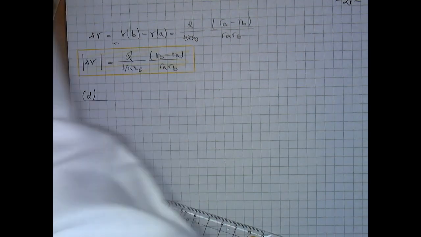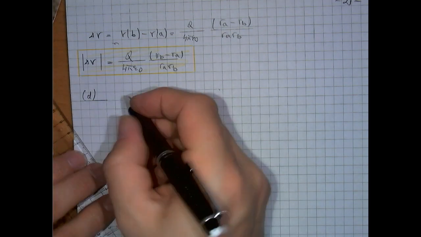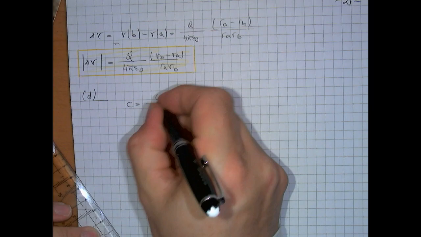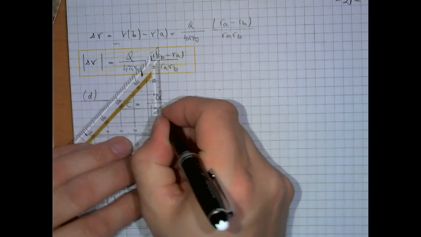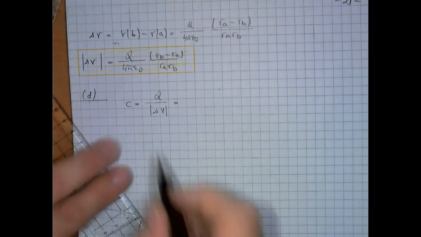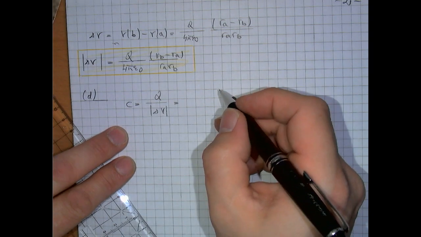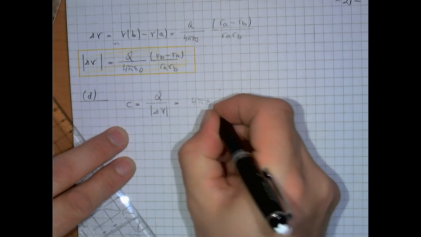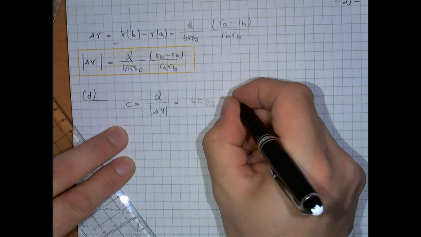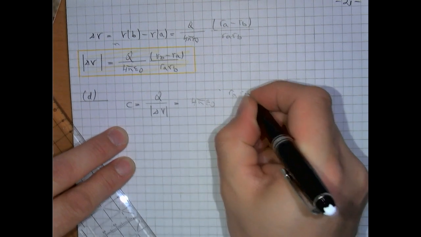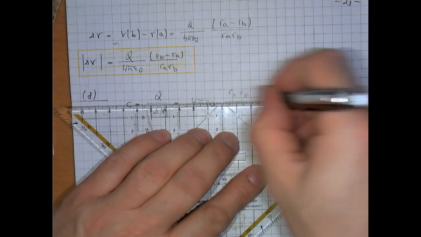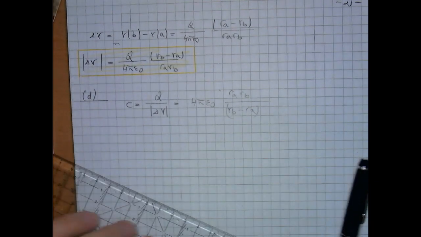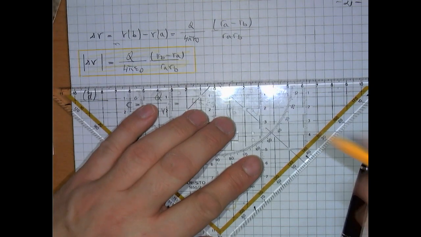The rest is now completely easy. Capacitance, let's see, simply plugging this in here, C equals Q divided by the absolute value of delta V. So you divide out Q, so then we have simply 4 pi epsilon naught times r_A r_B divided by r_B minus r_A. Okay, so that's this.